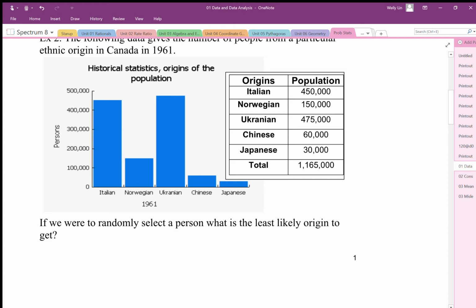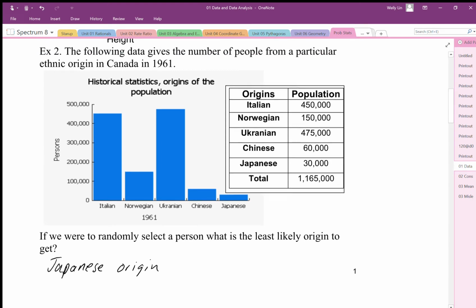Well, the least likely is going to be due to the fewest number of people. Okay, so in this case, we're probably going to least likely select a person of Japanese origin. Okay, this is what we mean about the data being able to inform us about probabilities as well.